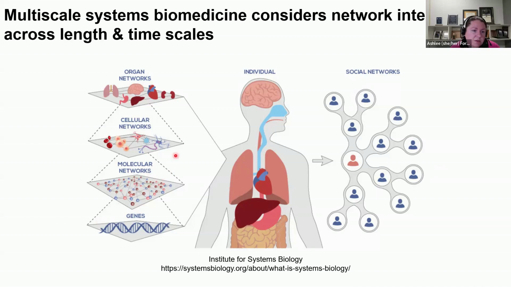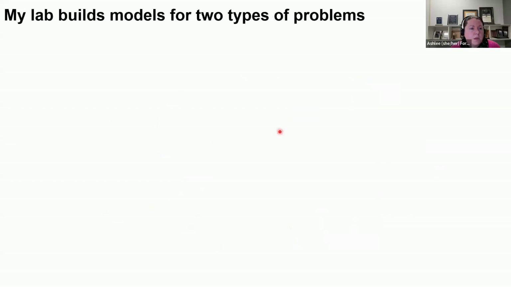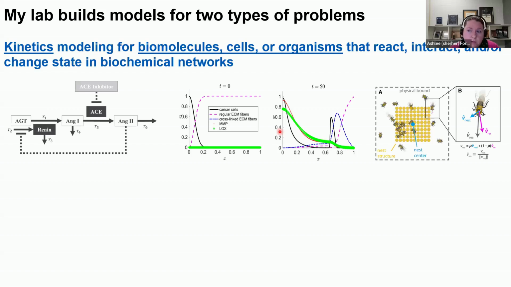So my team tends to focus on the cellular and organ level networks and dabbles in molecular networks and whole body types of dynamics. We focus on building models, and the types of techniques often are motivated from chemical kinetics. As a chemical engineer, this is definitely a key subject that we leverage.